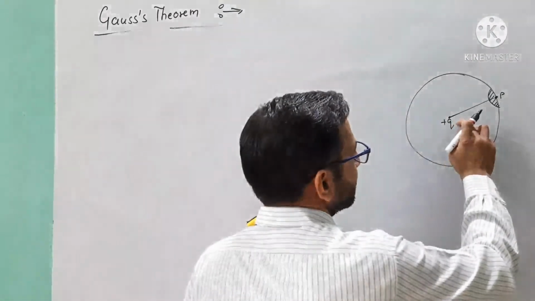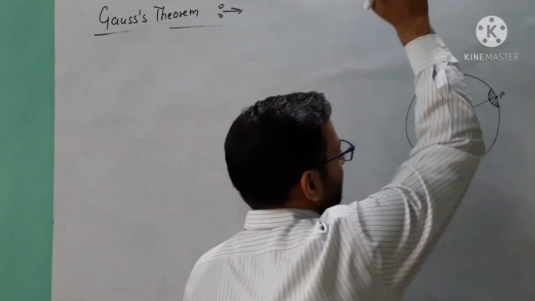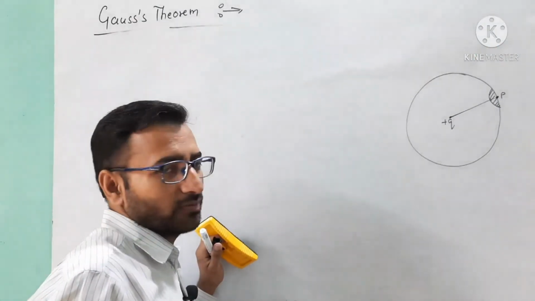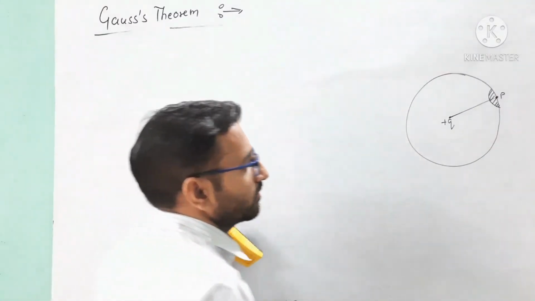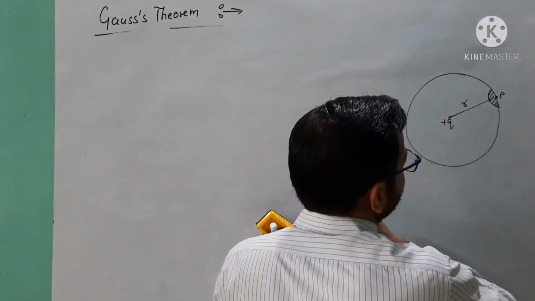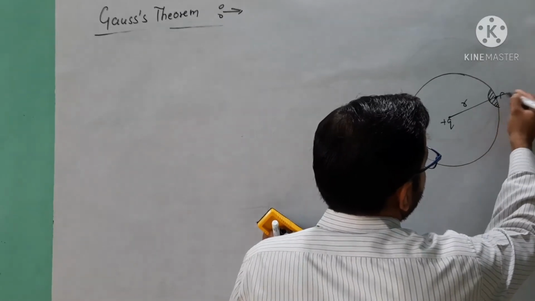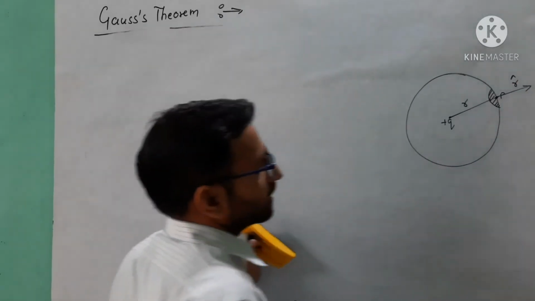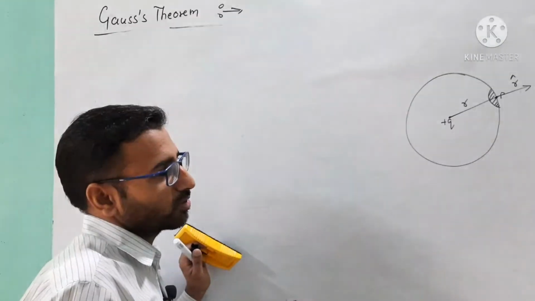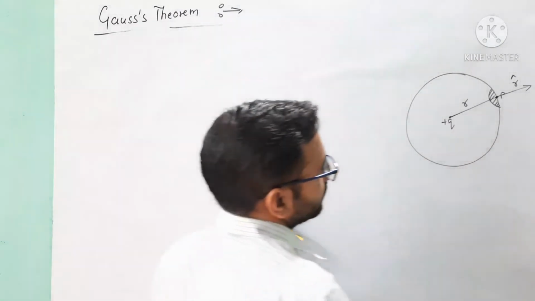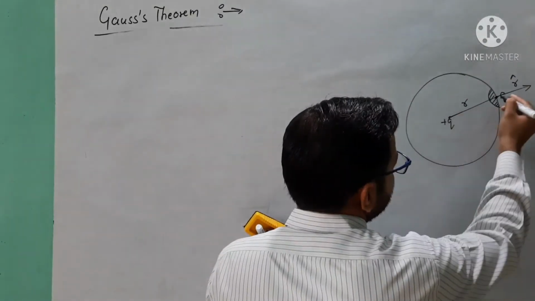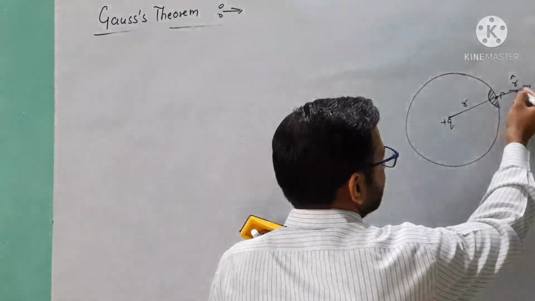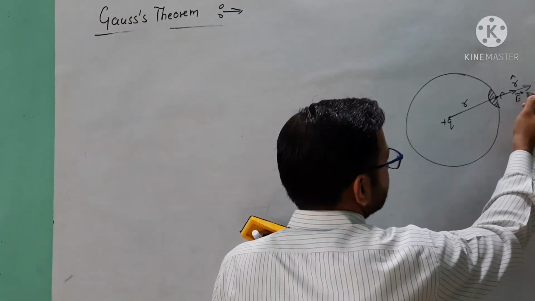We know that it is a point charge, so the electric field lines will move outward, perpendicular to the given surface. From the previous discussion we know it very well. The radius of it is r, and the position vector is r cap, which is in the outward direction. This is our positive charge, and at point P the electric field direction will also be in this way.